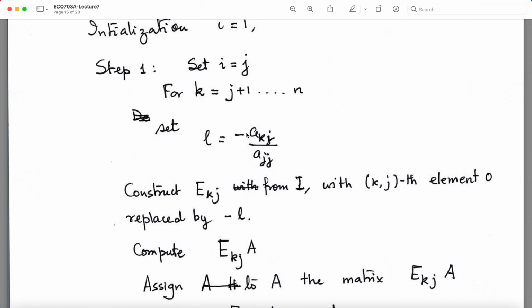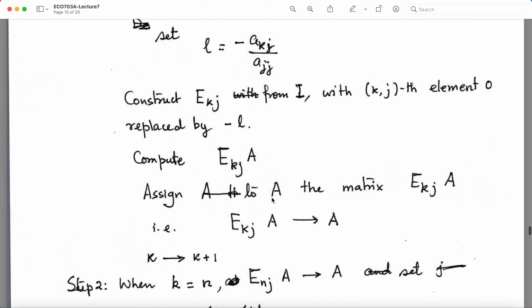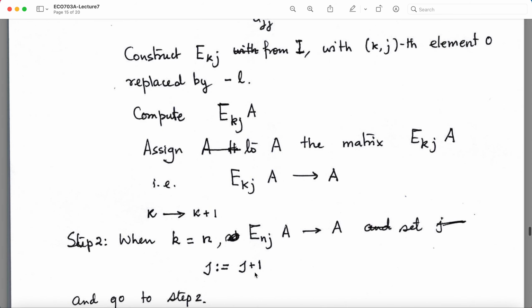A is equal to this plus, not minus. And again you start doing A K J plus 1 from I, with the K J plus 1th element, and they keep on doing the same thing. Basically, right? So that basically you have now assigned J to J plus 1.